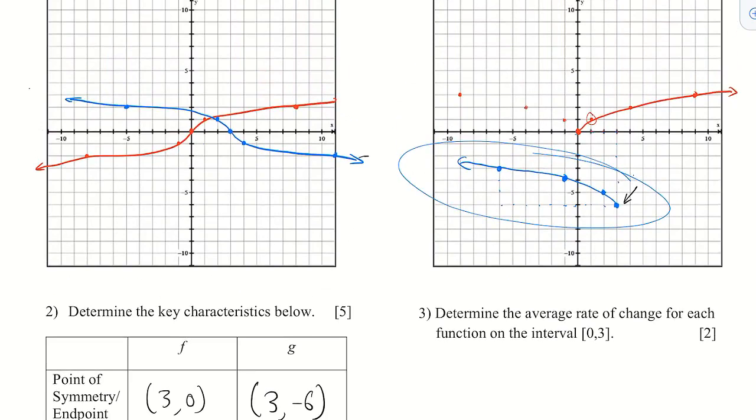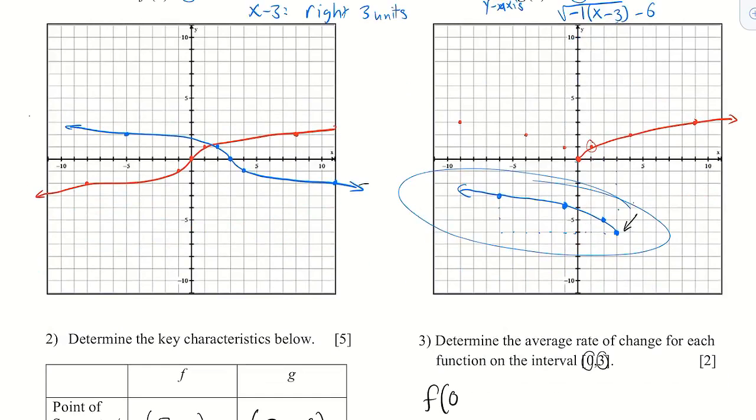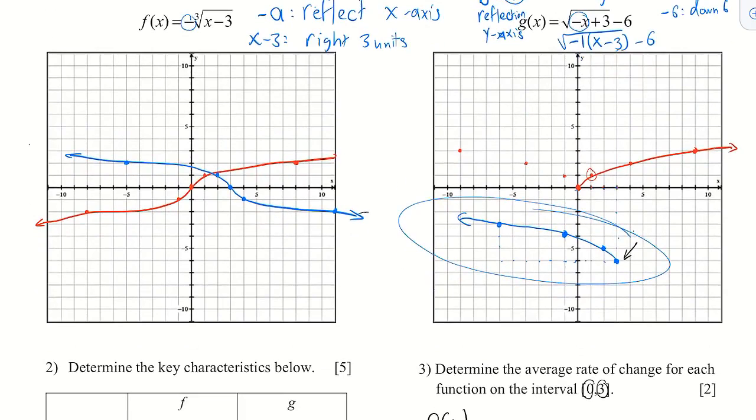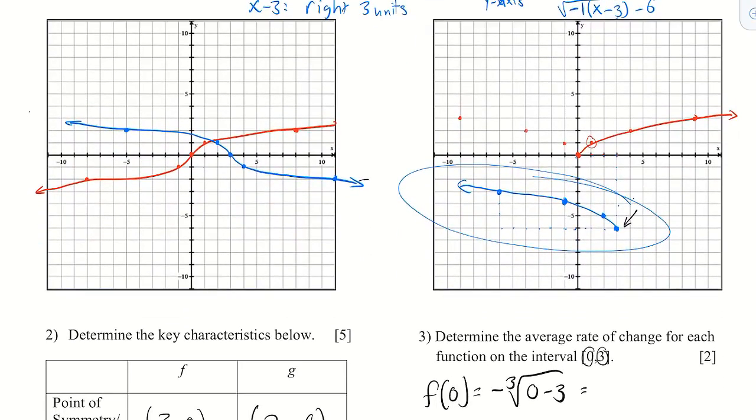It says determine the average rate of change for each function on the interval from 0 to 3. So I'm going to take this interval 0 and 3 and figure out those specific values. So I'm going to take f of 0, and so I'm going to say negative cube root of 0 minus 3, which actually ends up giving me negative cube root of -3.